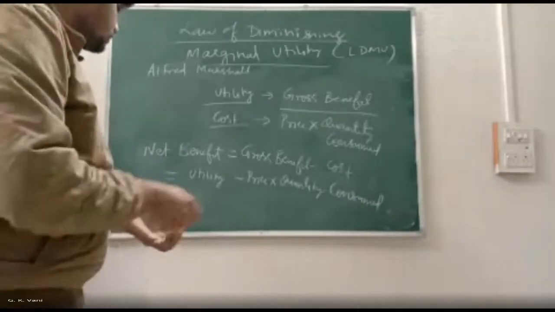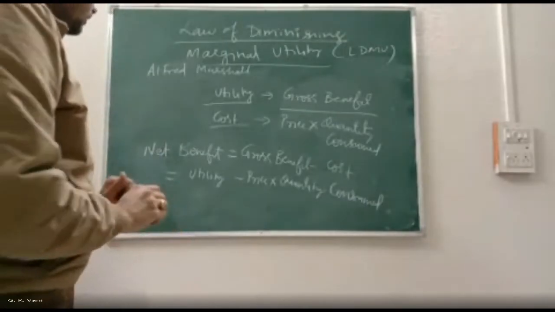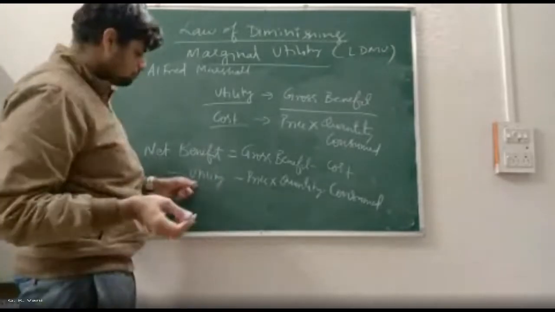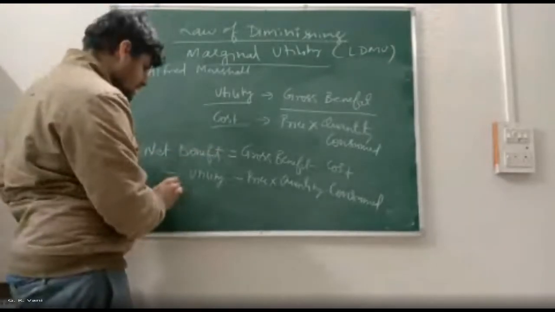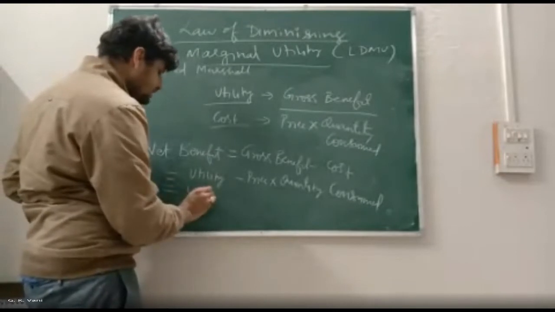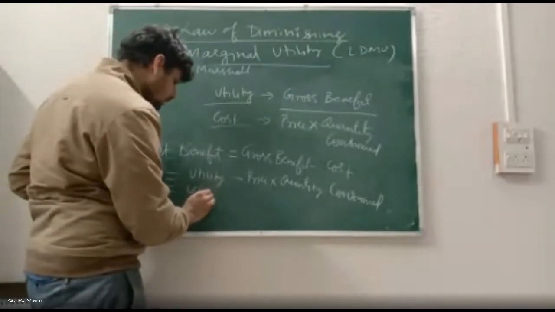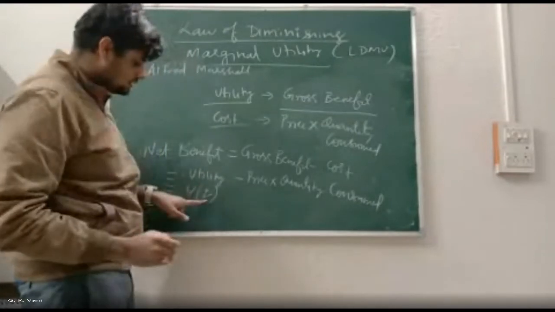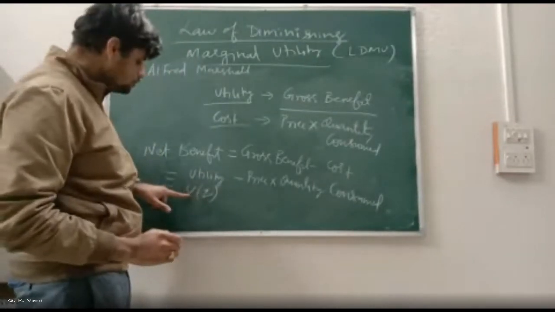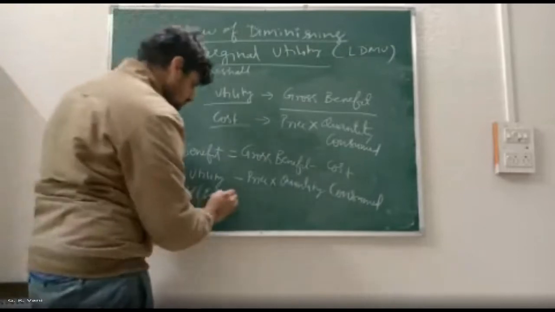So what you can say is, by assumption, we had a last assumption, utility is a function of what? Quantity consumed. So let's say Q is the quantity consumed, U is the utility function, right?